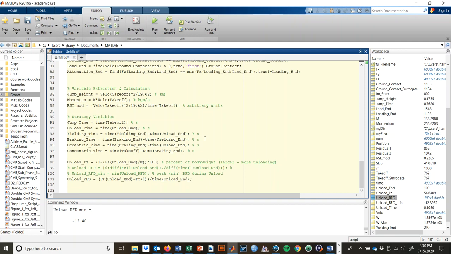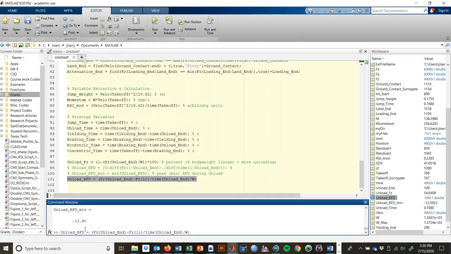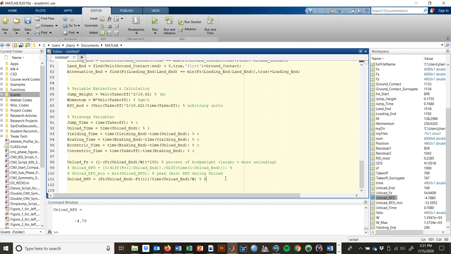If I want to, I'll end up dividing this by weight, so the units will be in units of body weight per second. Then we'll see the average rate of force development during the unload phase was negative 4.8 body weights per second. So we'll add the units there. Okay, so I find that to be a much more useful rate of force development to use in this phase.